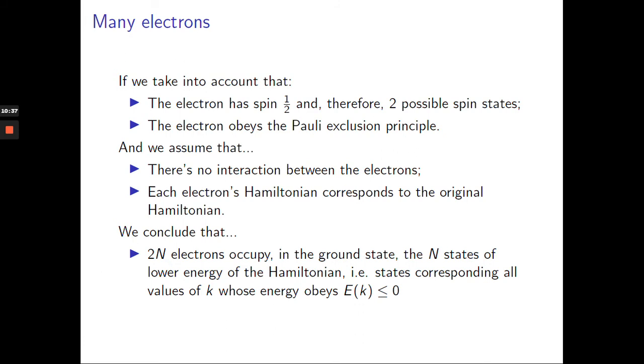Those N states correspond to all the possible values of k. And remember that for each value of k we have two different eigenstates, each with a different energy, and we will only occupy the one with negative or zero energy.